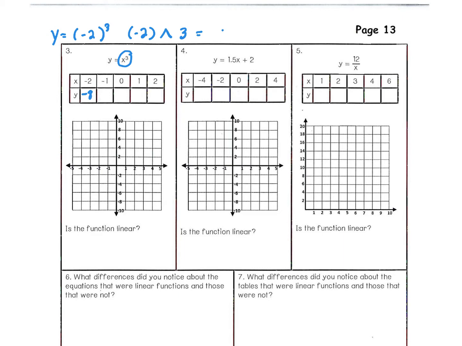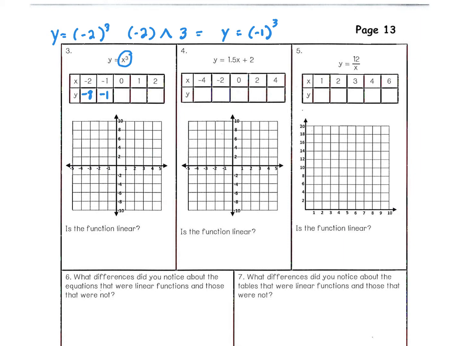So we're going to do the same thing. We're going to take y equals, but this time we're going to enclose -1 and raise it to the third power, and when we do, we're going to get back -1. That would be -1 times -1, which is +1, times the third -1, and a negative times a positive is a negative.